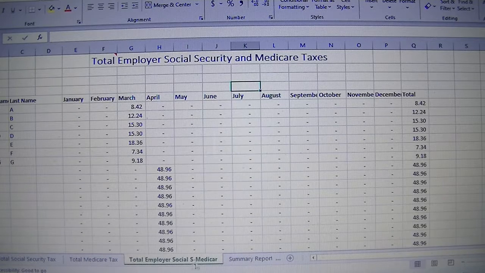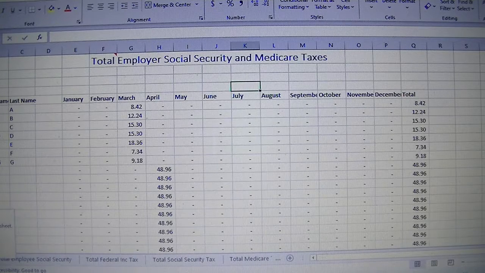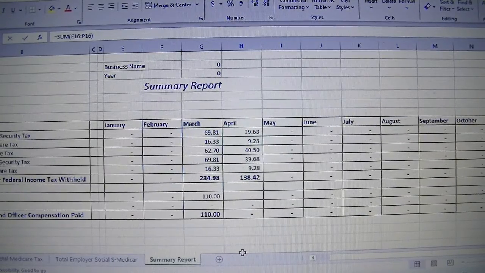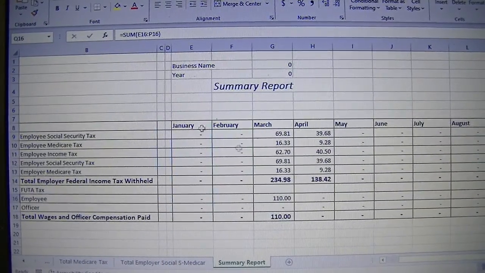And we might have total employees as well, but let's check our summary report here. So we have employee Social Security, employee Medicare, employee income tax, employer Social Security tax, employer Medicare tax. And right now we want total Social Security tax and total Medicare tax. So that is going to be for the first quarter.